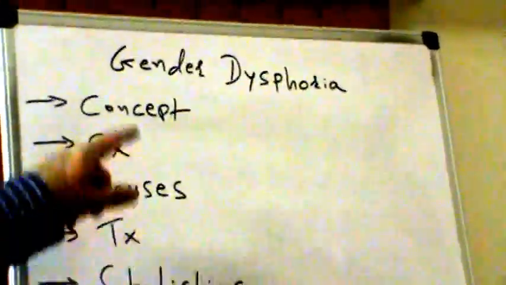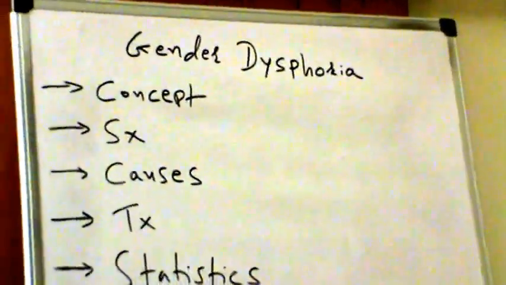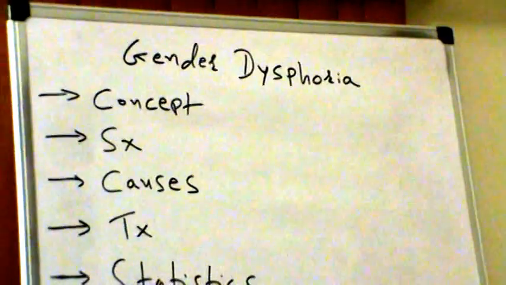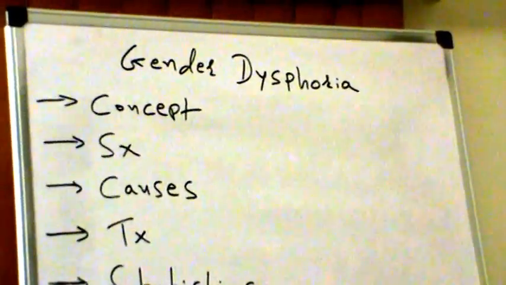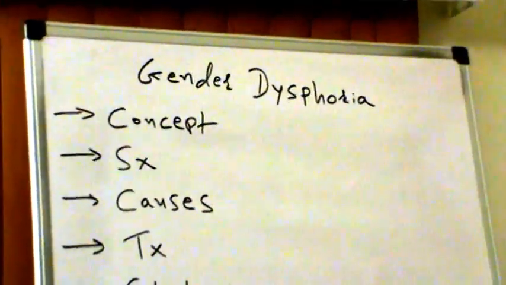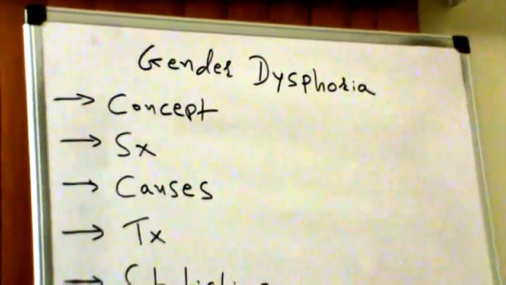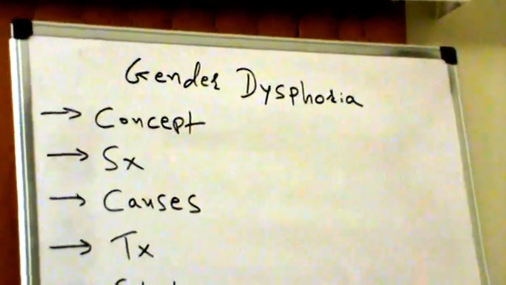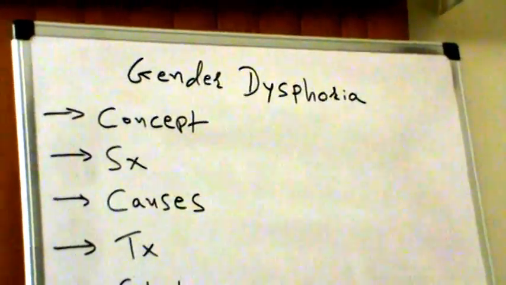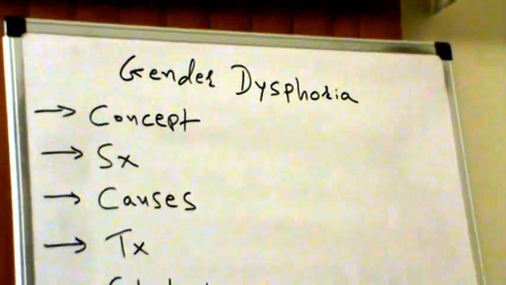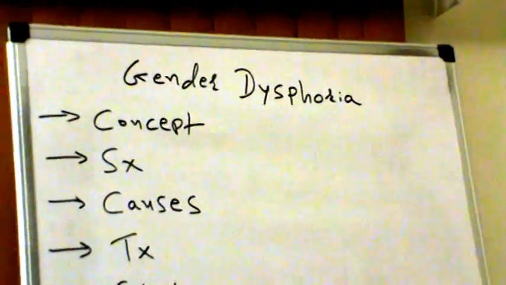Gender dysphoria, formerly known as gender identity disorder, is defined by strong, persistent feelings of identification with the opposite gender and discomfort with one's own assigned sex that results in significant distress or impairment.